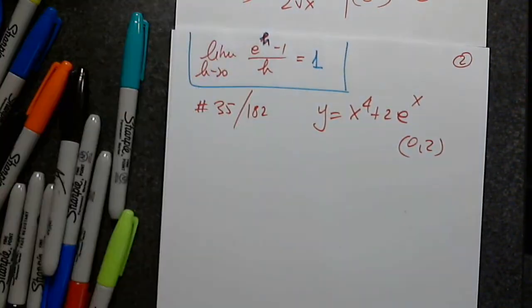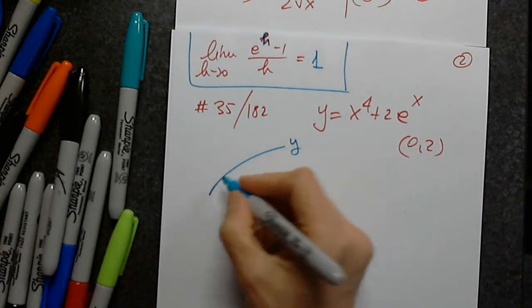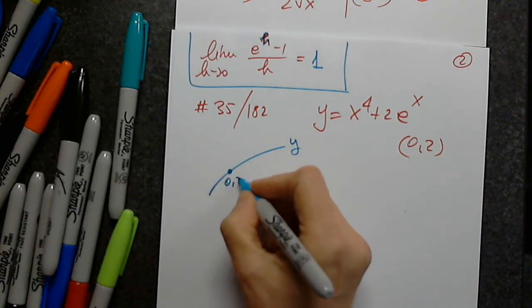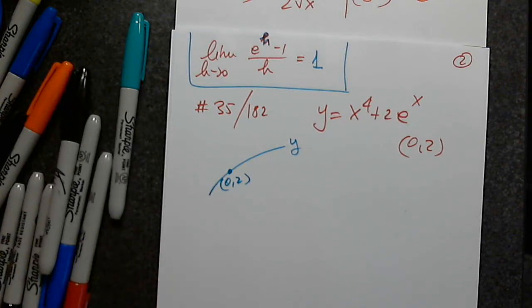I don't even care what this function looks like. But this is function y, and I have this point somewhere, 0, 2. And I'm asked to determine two things.